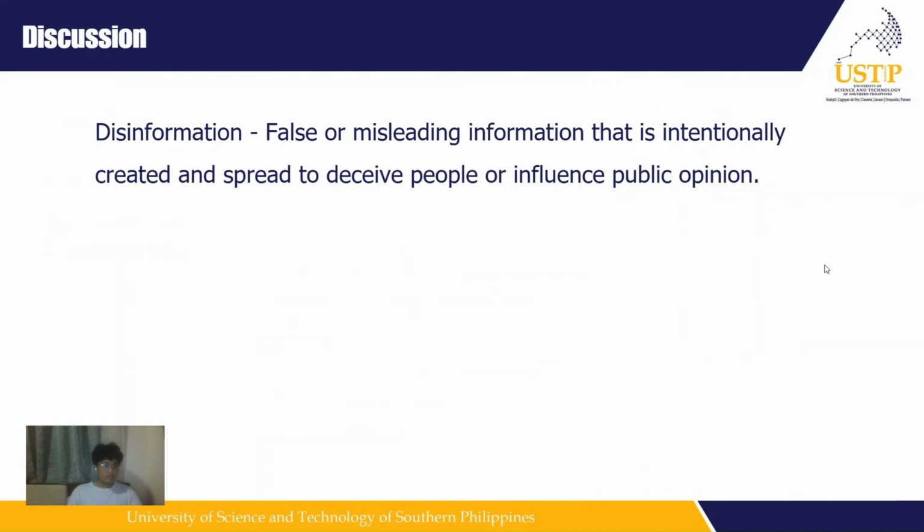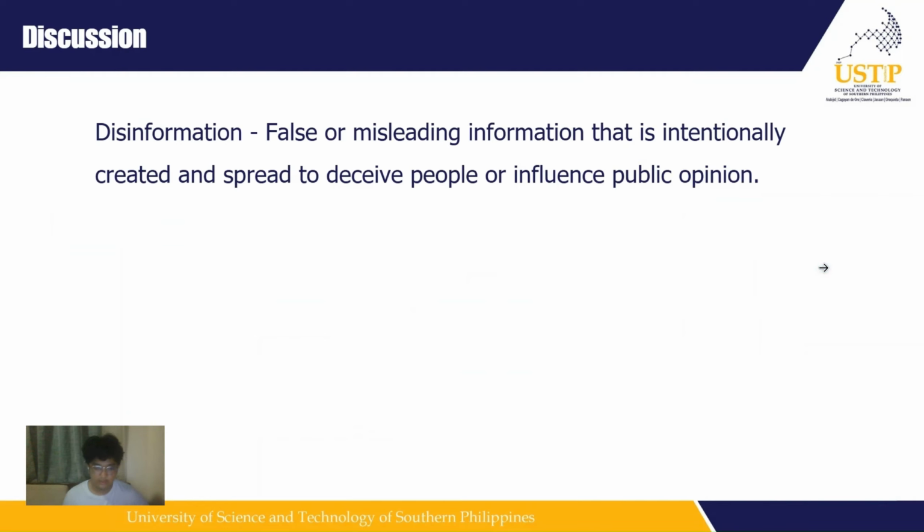So the next type is disinformation. This is the second major type. By definition, it means false or misleading information that is intentionally created and spread to deceive people or influence public opinion. This represents the most calculated form of false narrative. It involves deliberate deception and targeting the public.